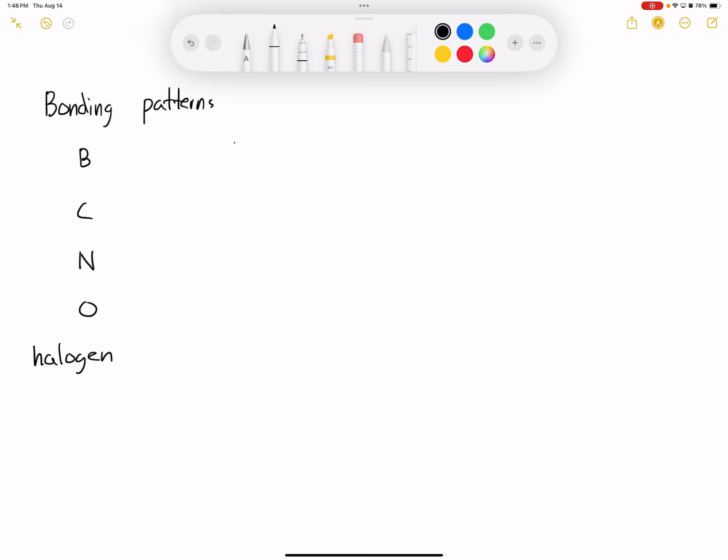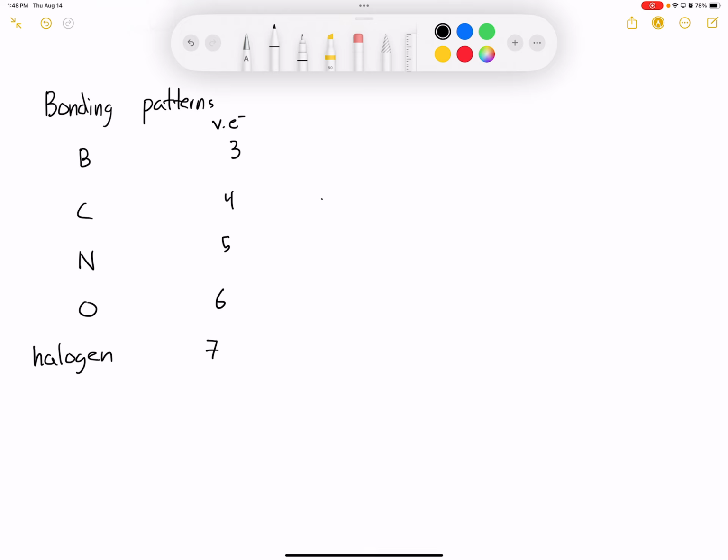So here let's put, so we have 3 here. So this will be valence electrons. Okay. How about carbon? 4. Then nitrogen 5. Oxygen 6. Halogen 7. Okay. Don't worry about boron yet. We'll get to that.